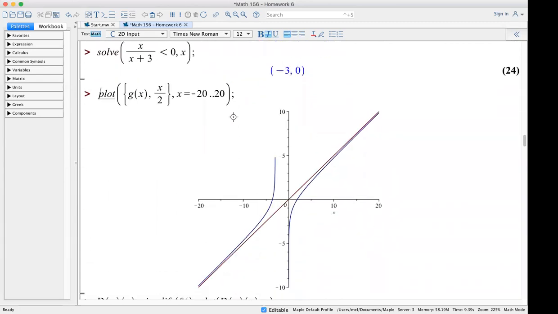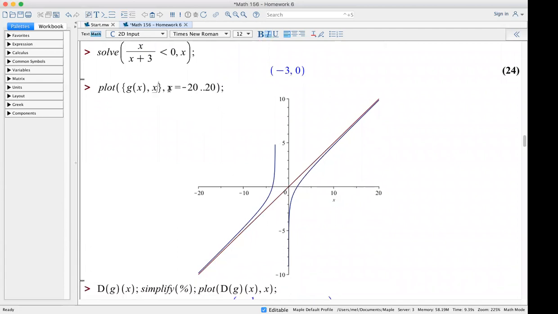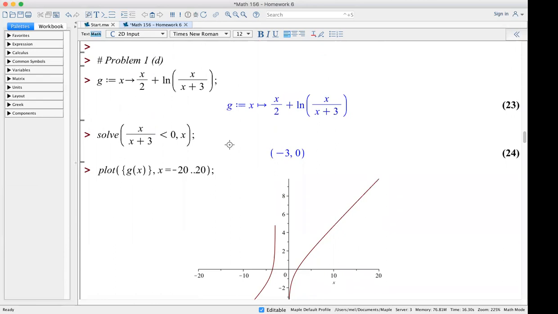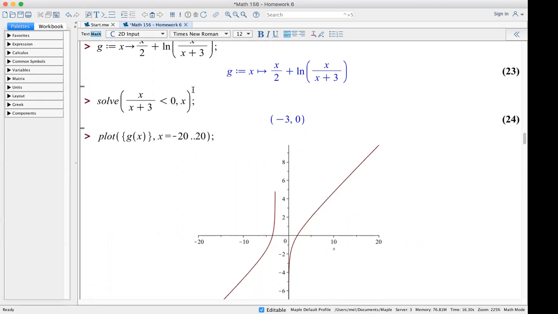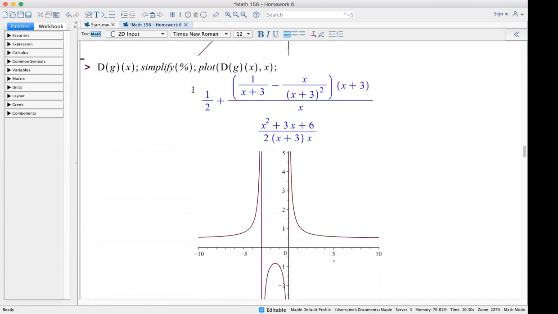That's why on the graph, let me just take out the x over 2, see here, from minus 3 to 0, there's no curve. It's just not defined there. On the closed interval. When x is 0, this is 0, not defined. When x is minus 3, this is undefined because the denominator is negative.